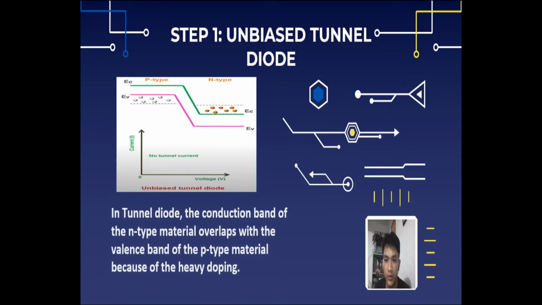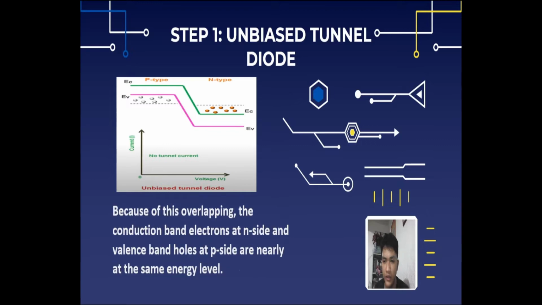In a tunnel diode, the conduction band of the N-type material overlaps with the valence band of the P-type material because of the heavy doping. Because of this overlapping, the conduction band electrons at the N side and valence band holes at the P side are nearly at the same energy level.